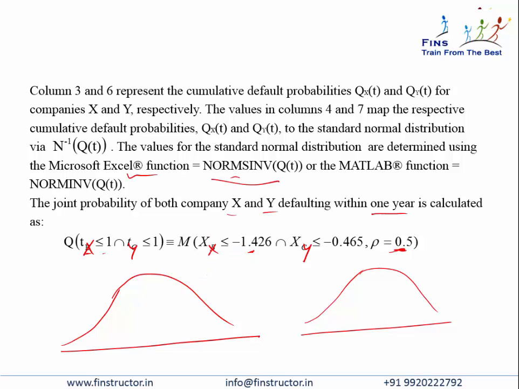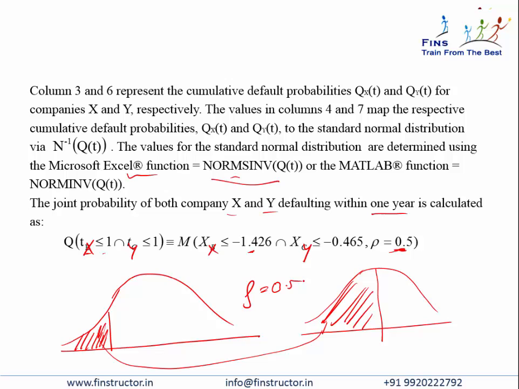The probability of X is less than minus 1.426, and the probability of Y is less than minus 0.465. So Y has a much higher probability, X has a relatively lower probability, less than minus 1.426. So what is the joint probability of these two events given a correlation equal to 0.5?